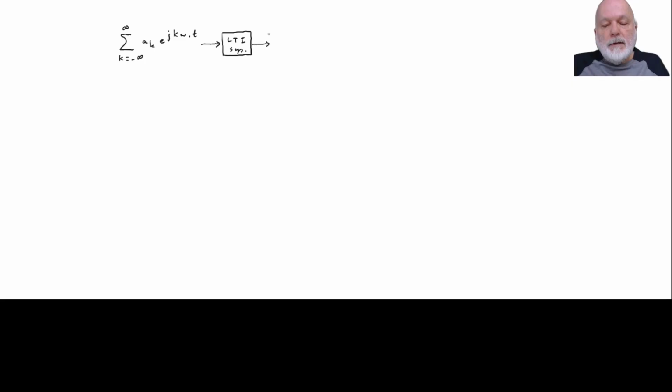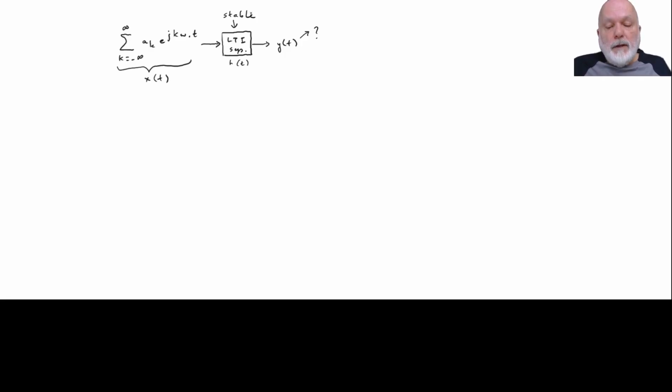Corresponding to this input signal x of t, our aim is to construct, if possible, the Fourier series representation of y of t. Also, we know that the impulse response of our system is h of t, and we have a stable system. Stability is quite important in this discussion.